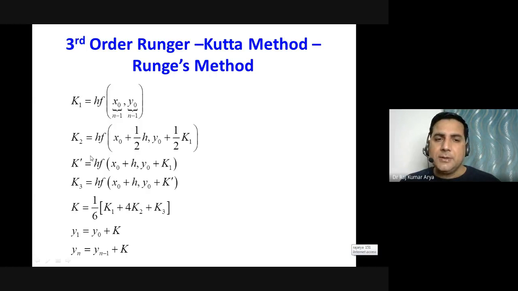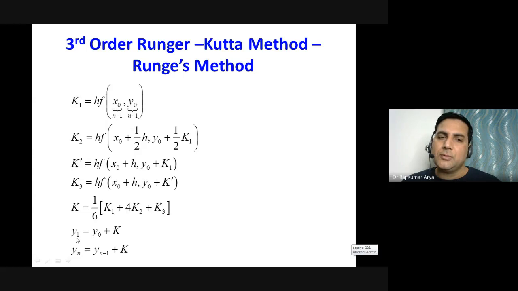Then you calculate K2 by this expression, then K prime by this expression, then K3 from here. After that you calculate K, which is 1 by 6 (K1 plus 4K2 plus K3), and then you calculate Y1, your first value.